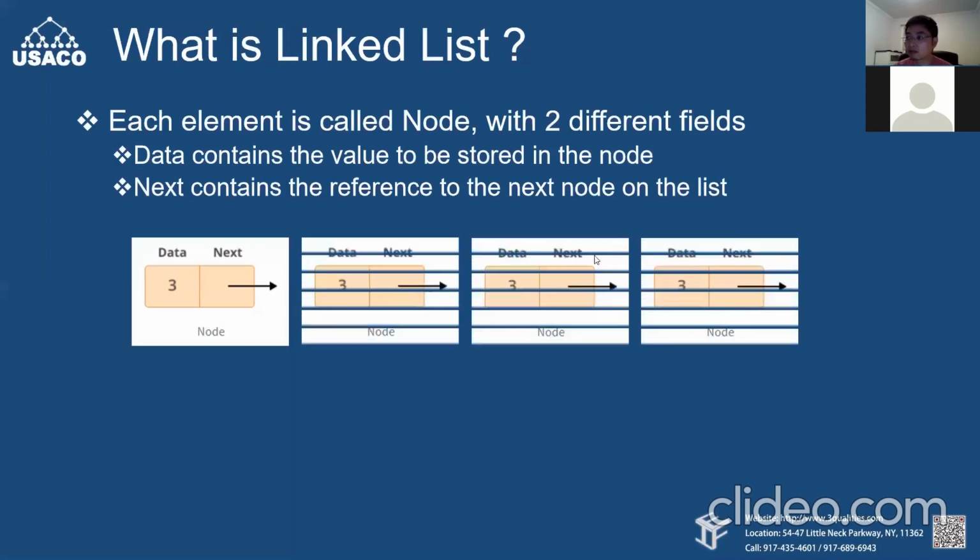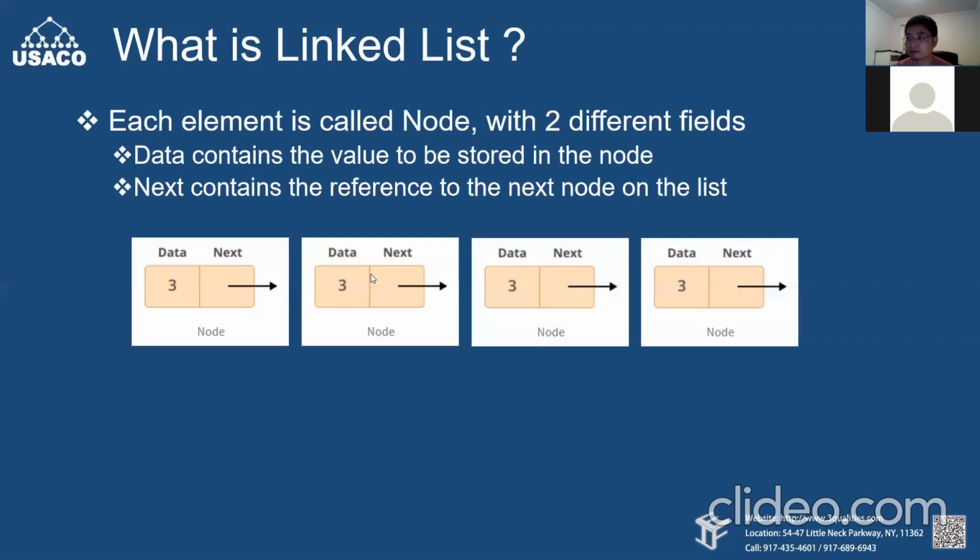If we take a look at this, this is a linked list. It has a total of 4 elements. Each element is called a node.